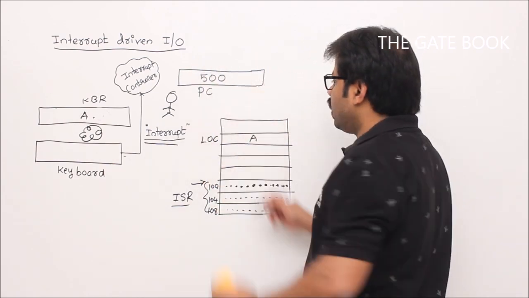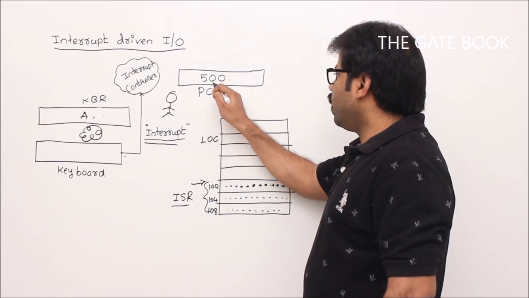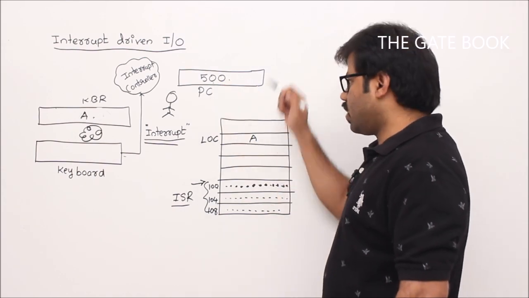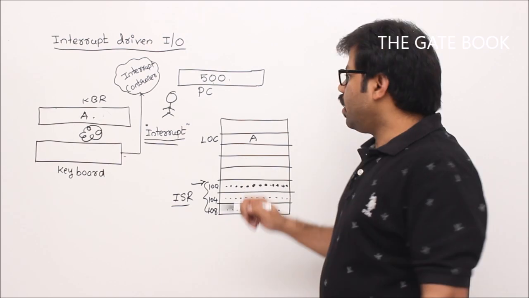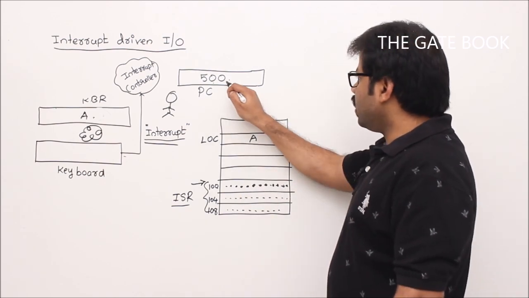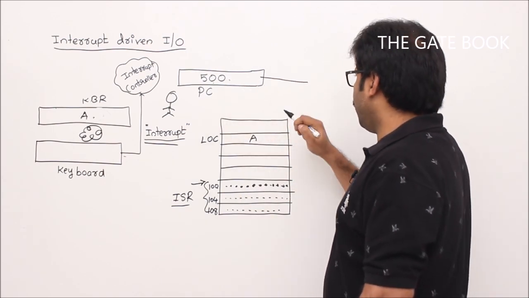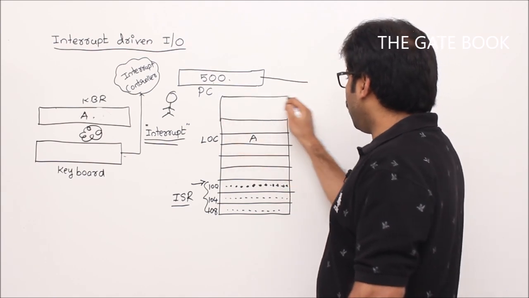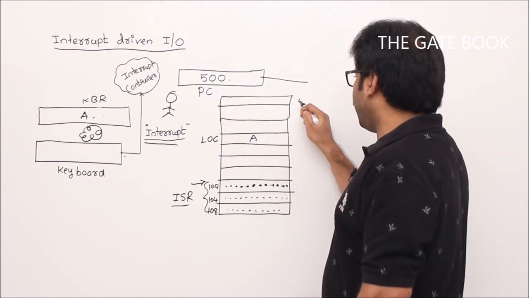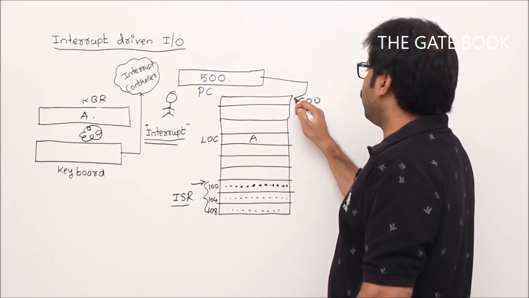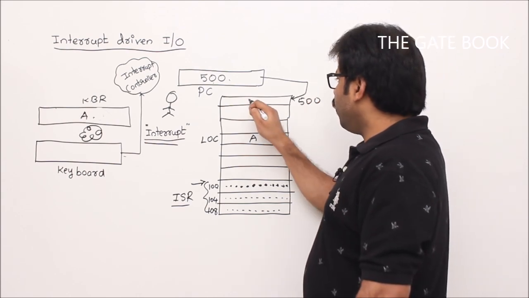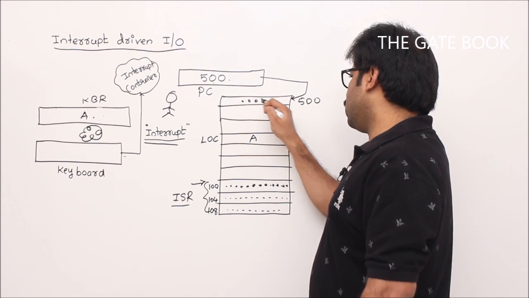So currently the program counter is showing 500. That means you are doing some work, whatever, I don't want to discuss that. But currently your processor is executing an instruction at memory location 500, for the time being.